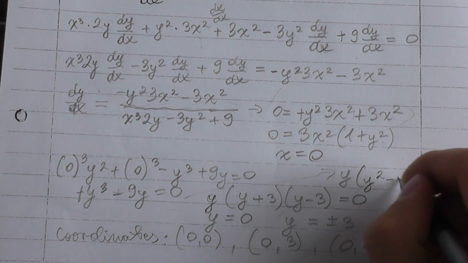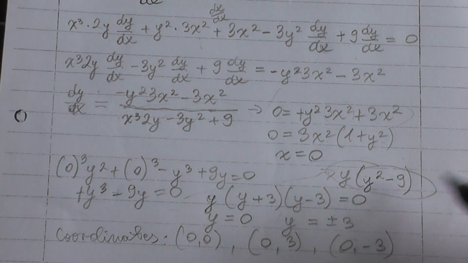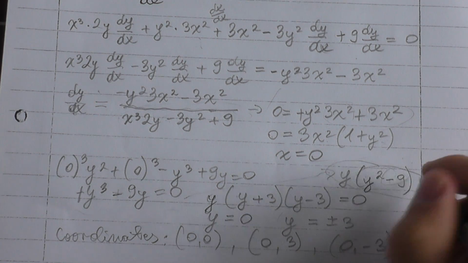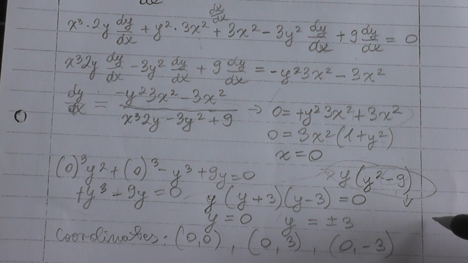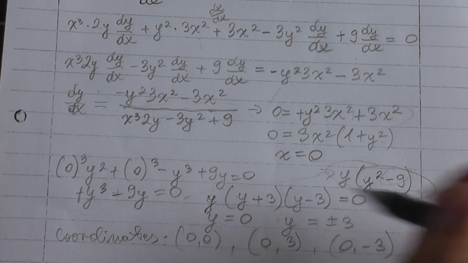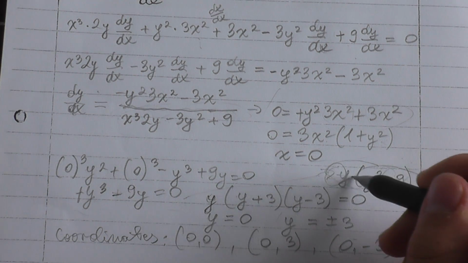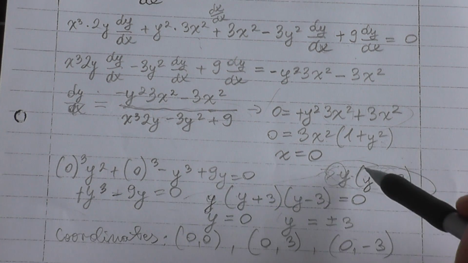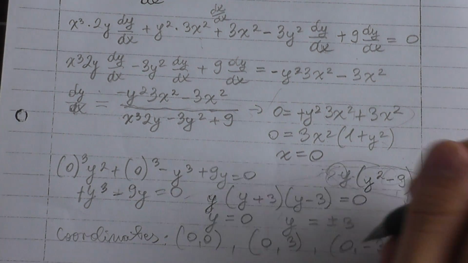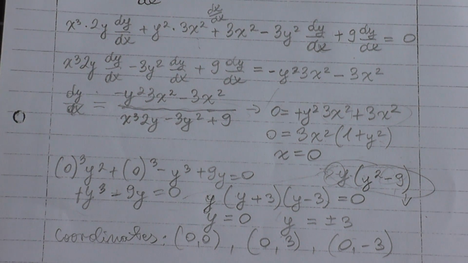Y squared minus 9. And then once you have this, this is a lot easier to factor, because this is just y plus 3 times y minus 3. And then this y, you just stick it in the front. This y comes from here. Maybe I should have explained this earlier as I was going rather than later. Sorry. And then these are the three coordinates. That's your answer.